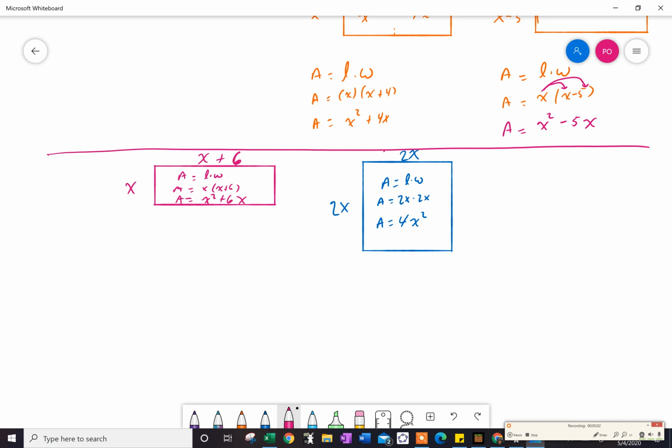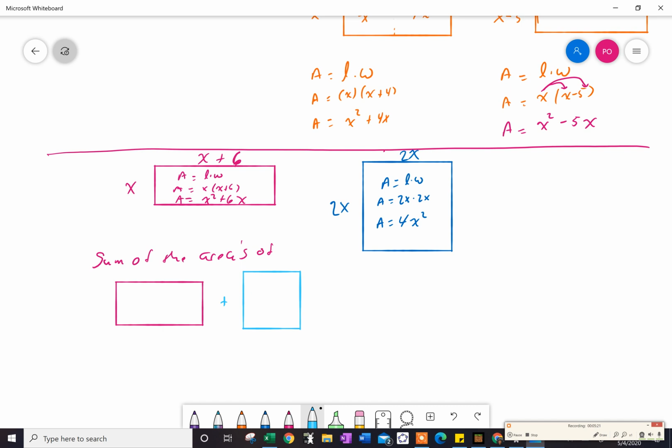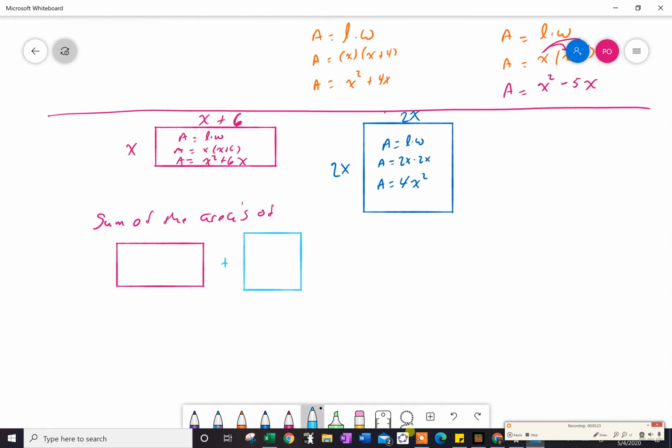Alright, now let's say I want to find the sum of the areas of the rectangle and the square.